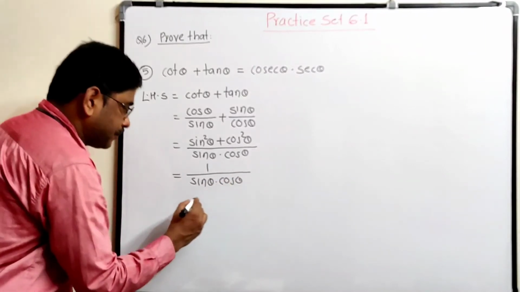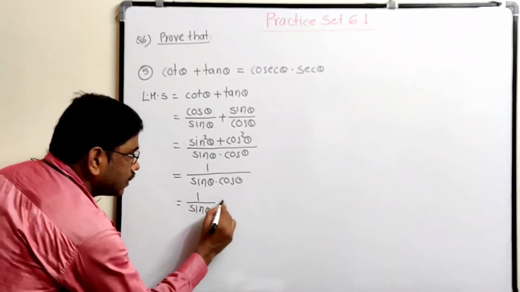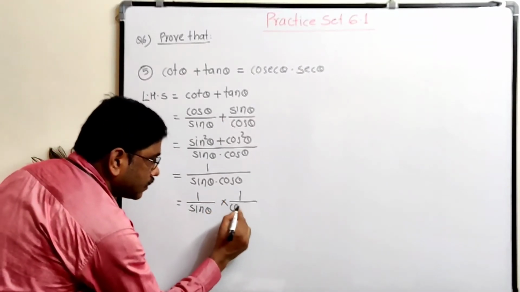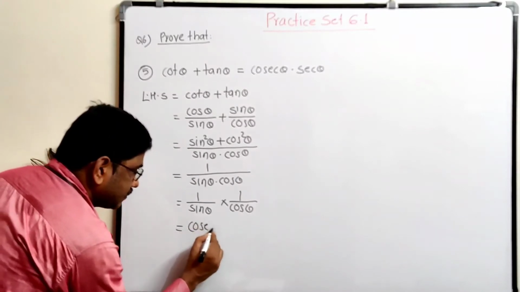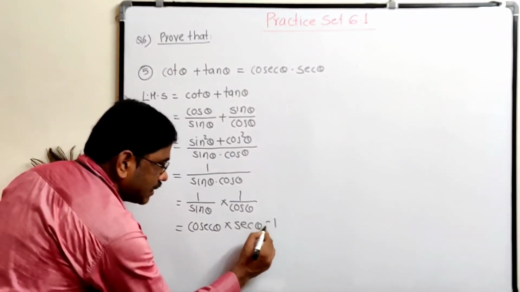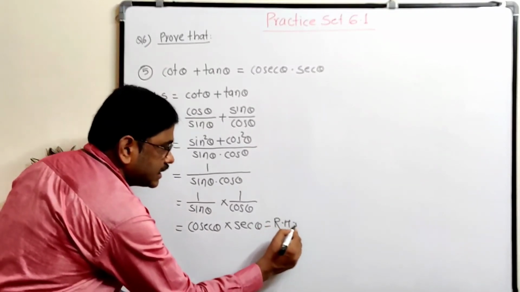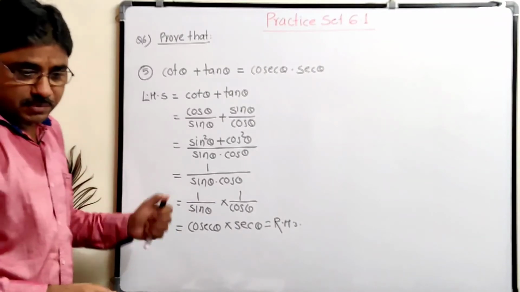Split this up. So we get 1 upon sin theta into 1 upon cos theta. 1 upon sin theta means cosec theta, into this one is sec theta, which is our right hand side. So in this way some examples are so easy and some examples are difficult.